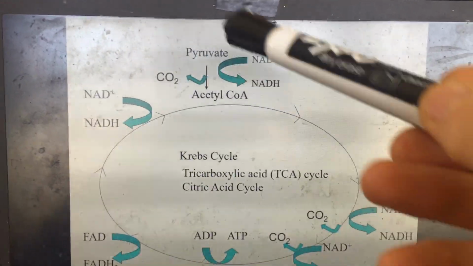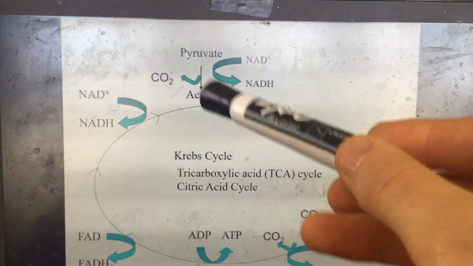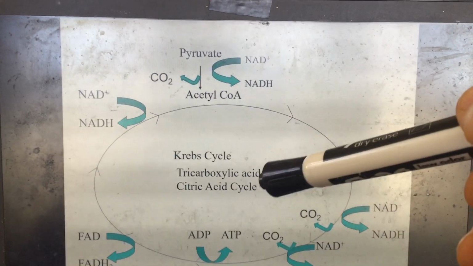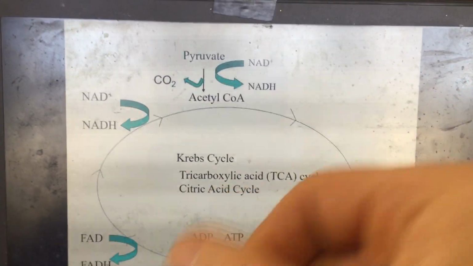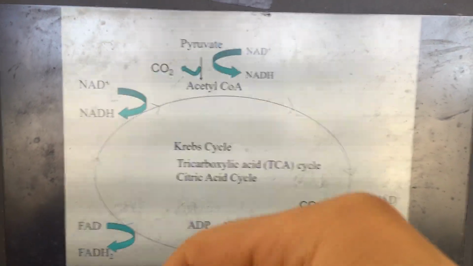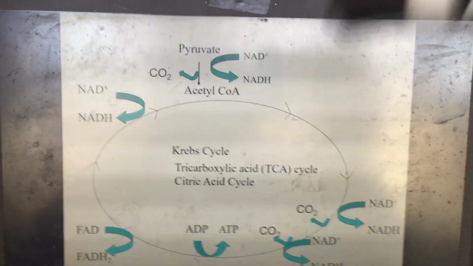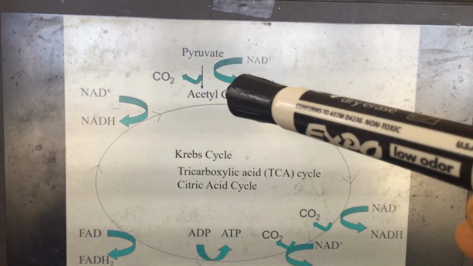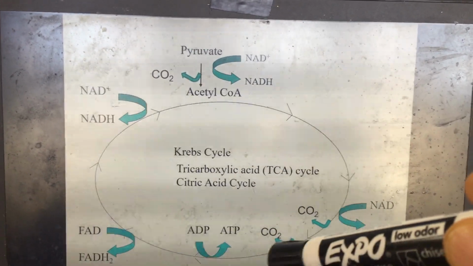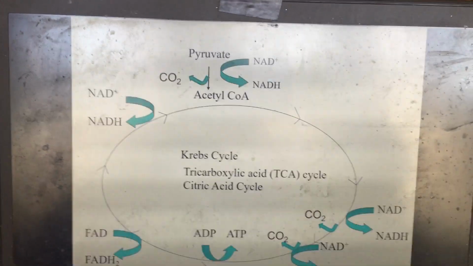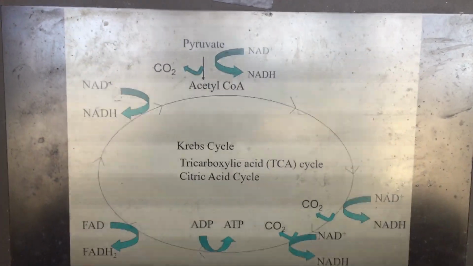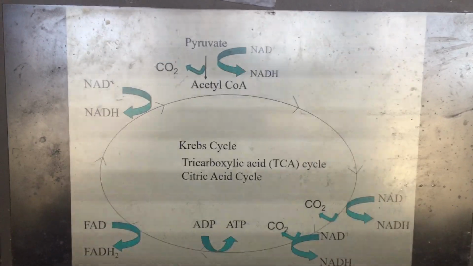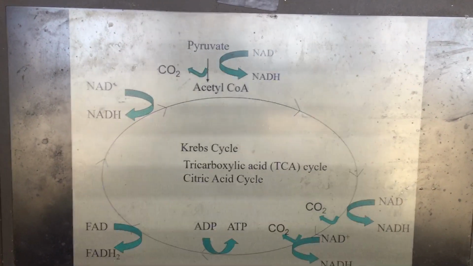You'll notice that the pyruvate dehydrogenase reaction also produces carbon dioxide. So that's another possible answer to that question. Carbon dioxide is produced in the pyruvate dehydrogenase reaction when you convert pyruvate to acetyl-CoA, and then it's also formed in the Krebs cycle. So this is the carbon dioxide that you will exhale while you're exercising.